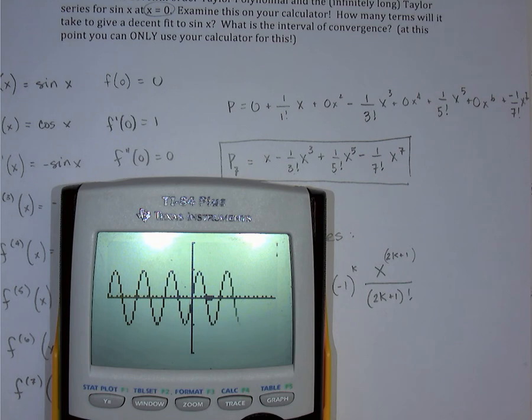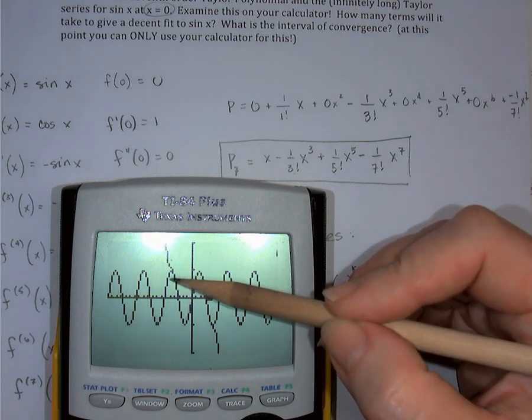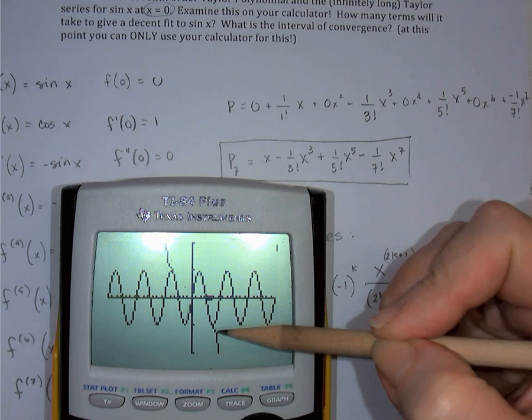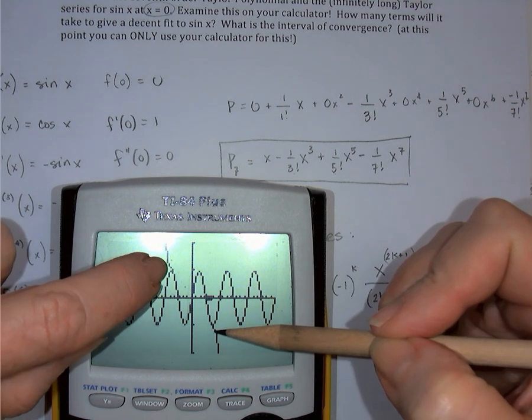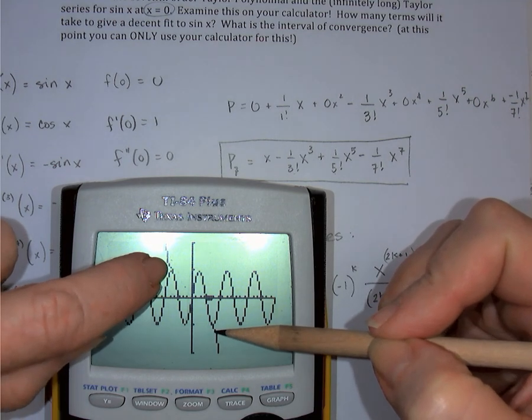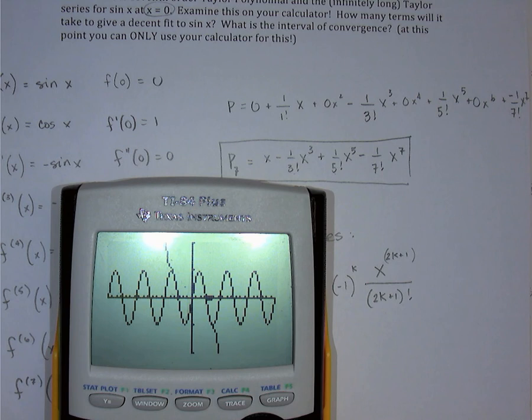Sine. And there's the polynomial coming in, swooping right along, and it looks like the region over which it's converging has definitely widened. So that's kind of amazing.